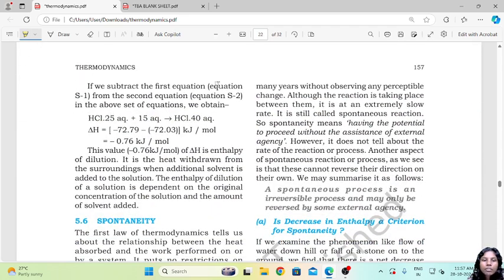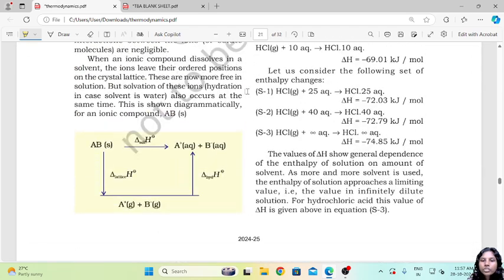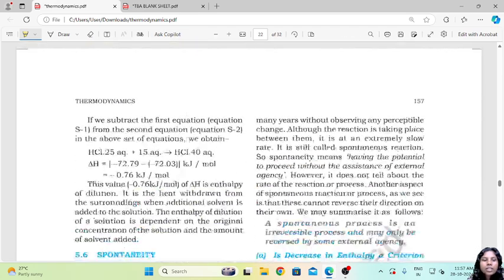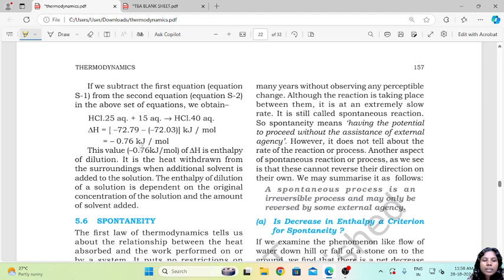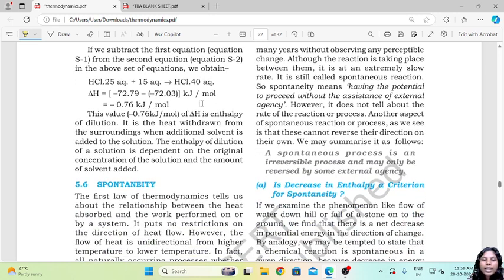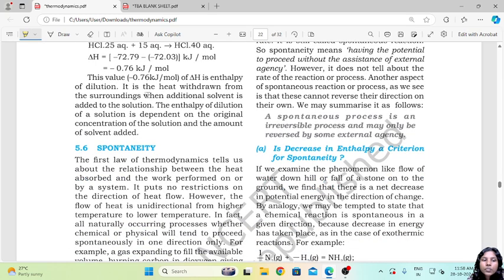So if we subtract the first equation S1 from the second equation, we get minus 0.76 kilojoules per mole inverse as the enthalpy of dilution. It is the heat that is withdrawn from the surroundings when additional solvent is added to the solution. So the enthalpy of dilution of a solution depends on the original concentration of the solution and the amount of solvent that is being added.